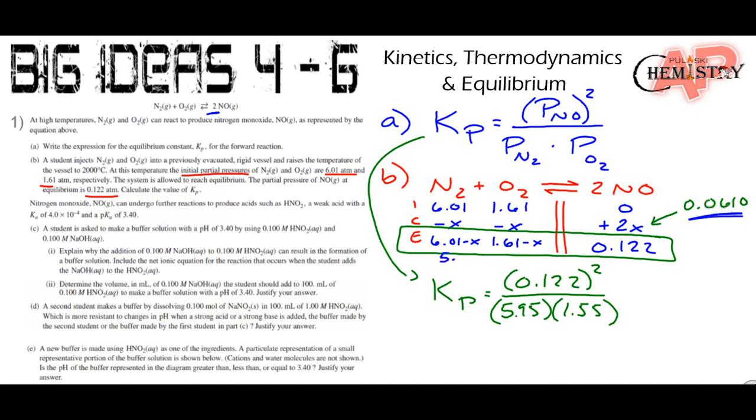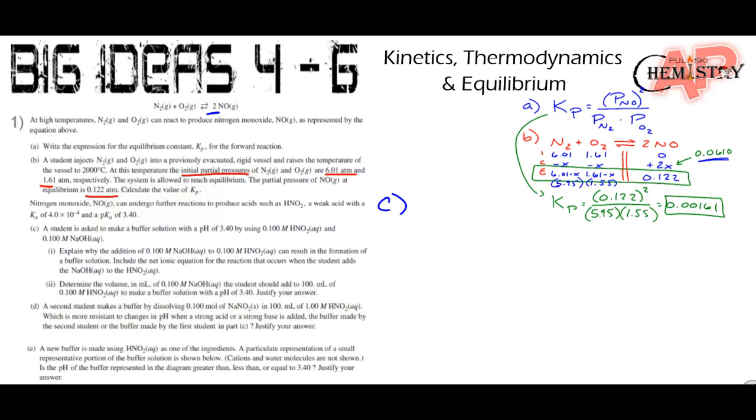This would be my 5.95, and this would now be my 1.55. Calculate that out, and then I get a value of 0.00161. And that is my Kp.